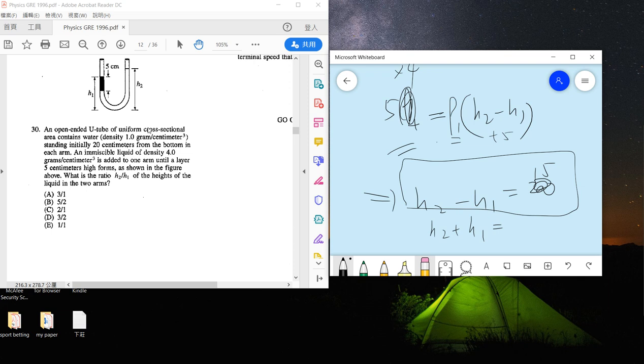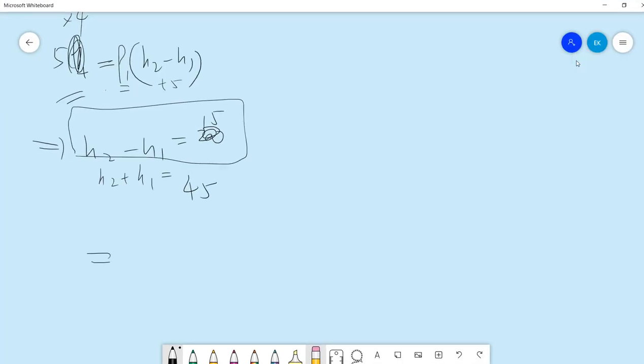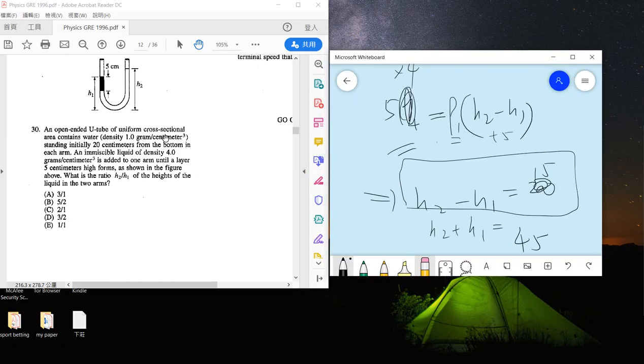So this tells us h1 plus h2 is 45, because 40 plus 5 is 45. So h2 is 30 and h1 is 15. So h2 divided by h1 is 2. So the answer is C.